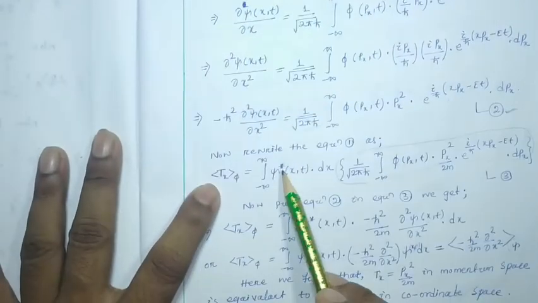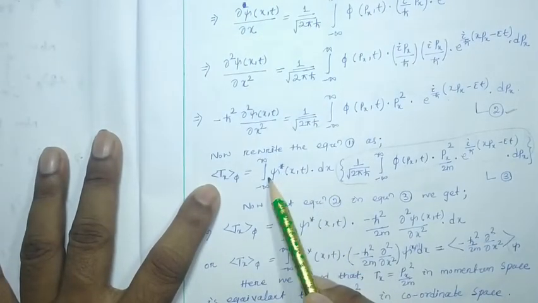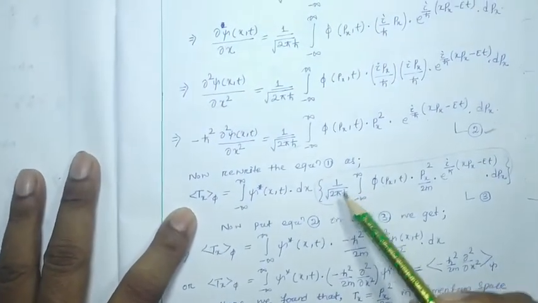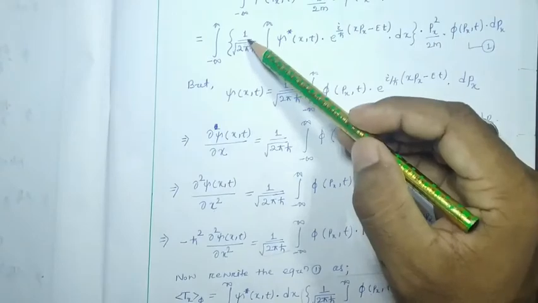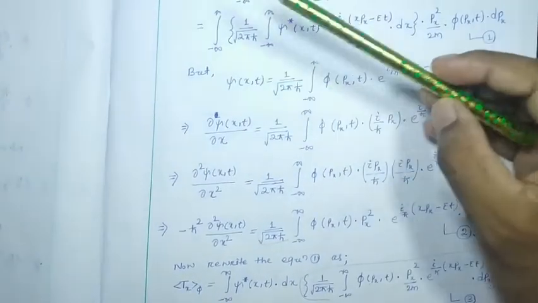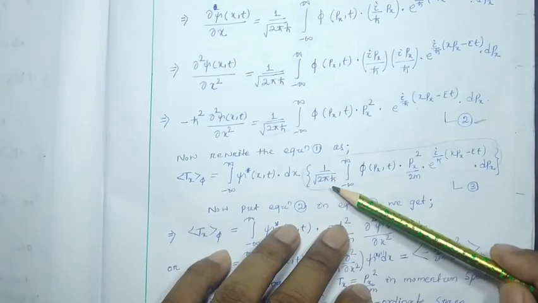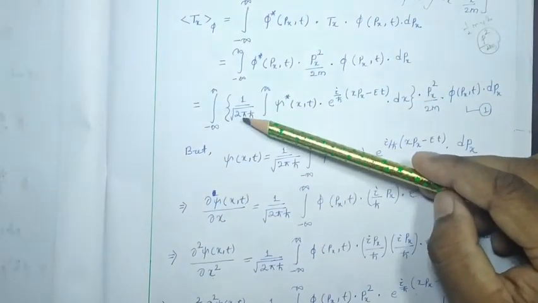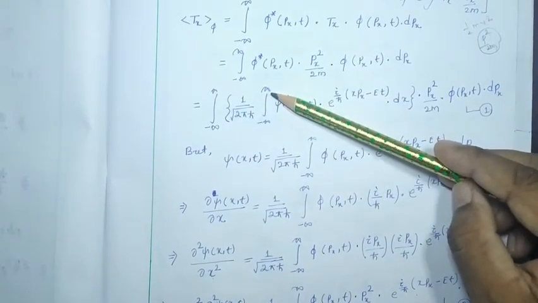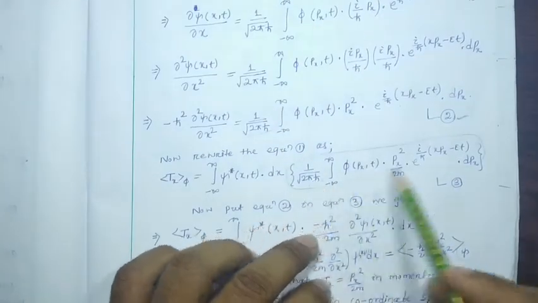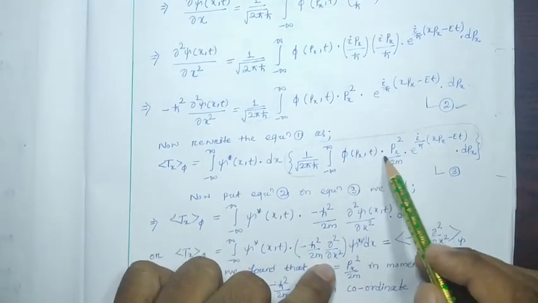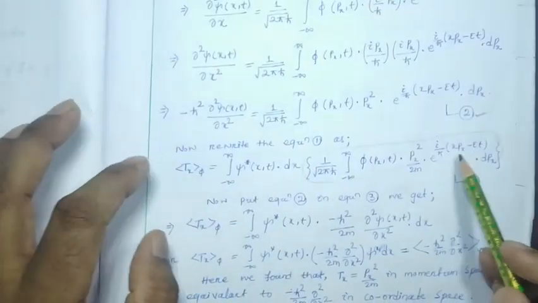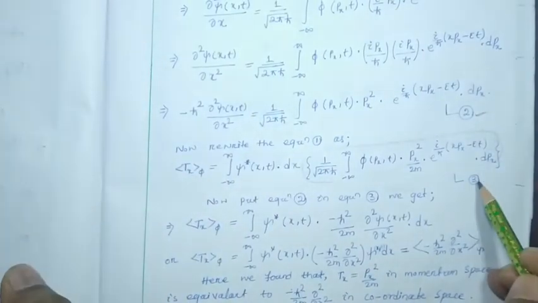Then the remaining part is 1 by root over 2 pi h cross, integral from minus infinity to plus infinity, and the rest of the terms as usual: phi(px,t) into px square by 2m into e to the power i by h cross (x px minus Et) into d px. Let this be equation number 3.